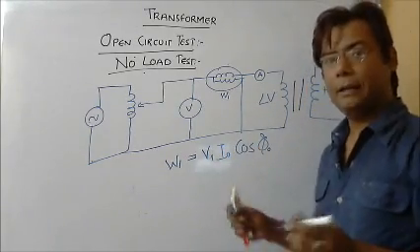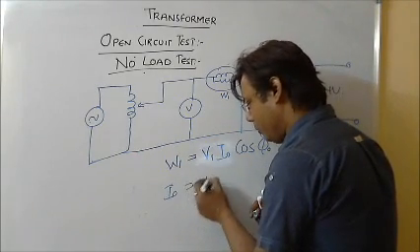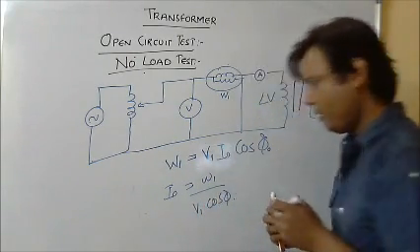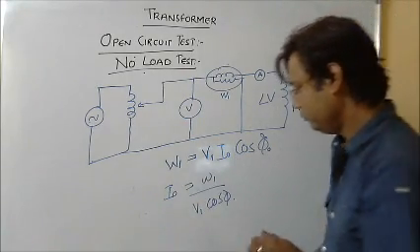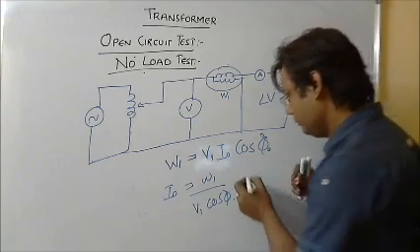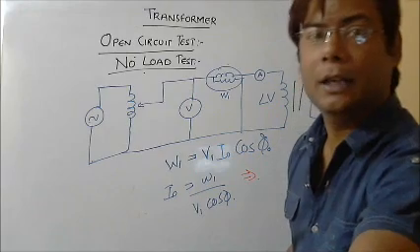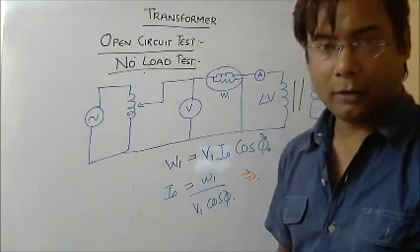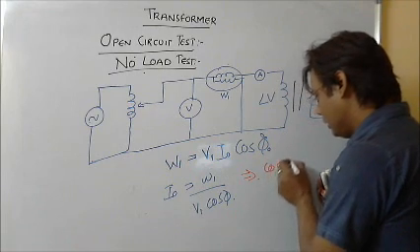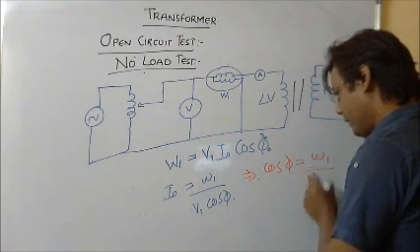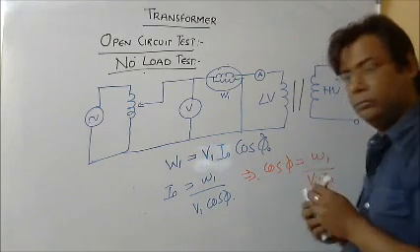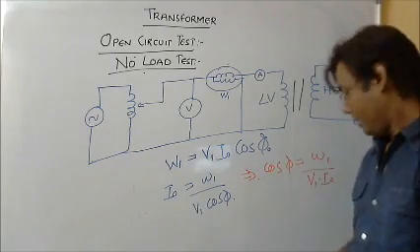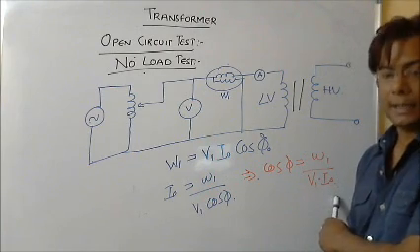So from this I will get I0 equals W1 upon V1 cos phi, or I can say cos phi equals W1 upon V1 into I0, where W1 is the wattmeter reading, V1 is the rated voltage, and I0 is the exciting current.